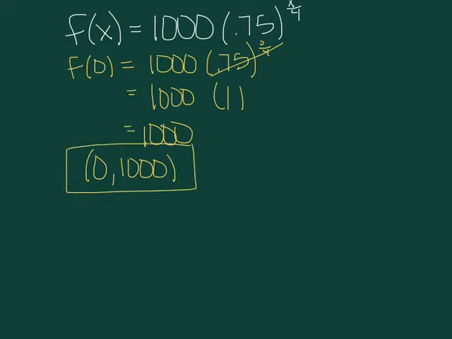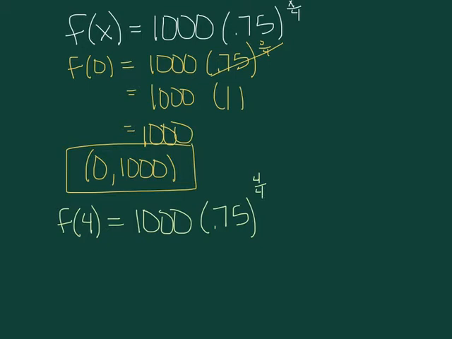Okay, now let's find f of 4, or what happens after 4 hours have elapsed. So we have the 1,000 milligrams times the 75% remaining in the system, 4 hours out of 4.